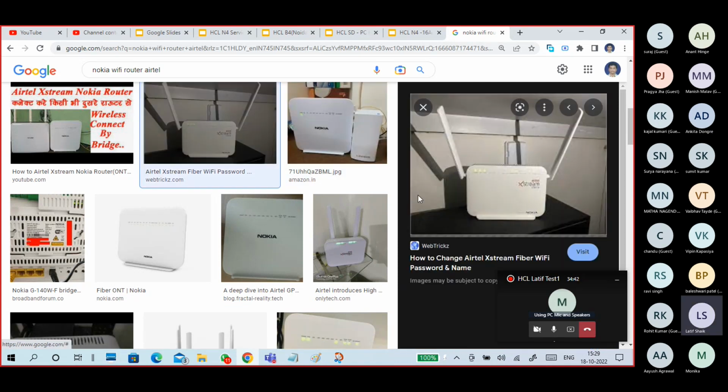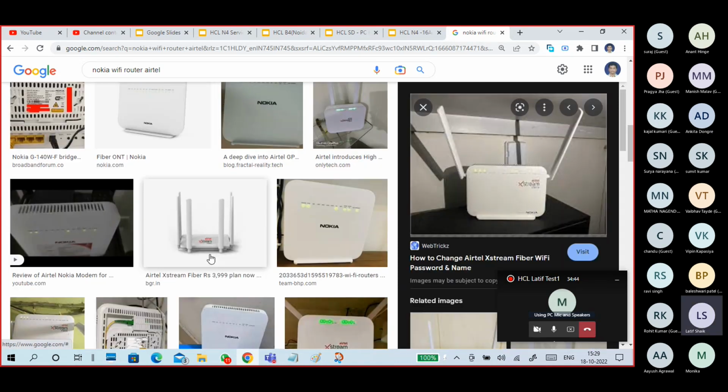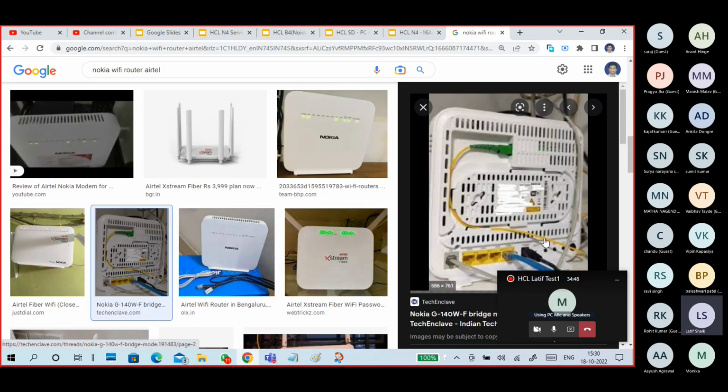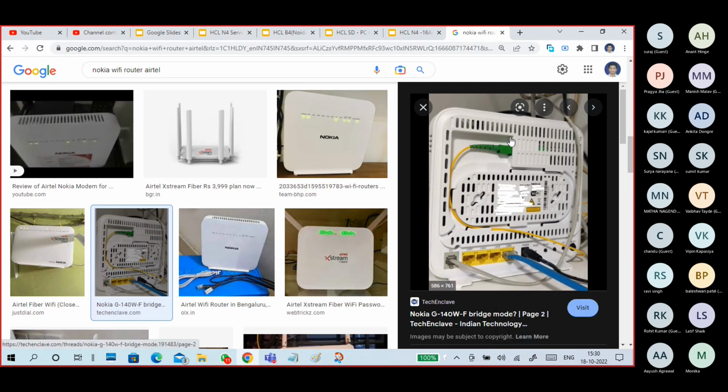Now we are getting fiber optical connections also. This backside connection is from outside. We are getting a wire from the outside, a fiber optical connection from the ISP. There is a junction box, and from there to here we are getting fiber optical to this router.